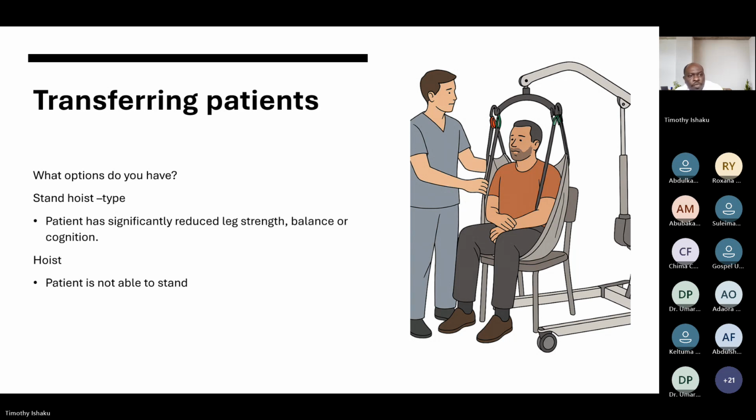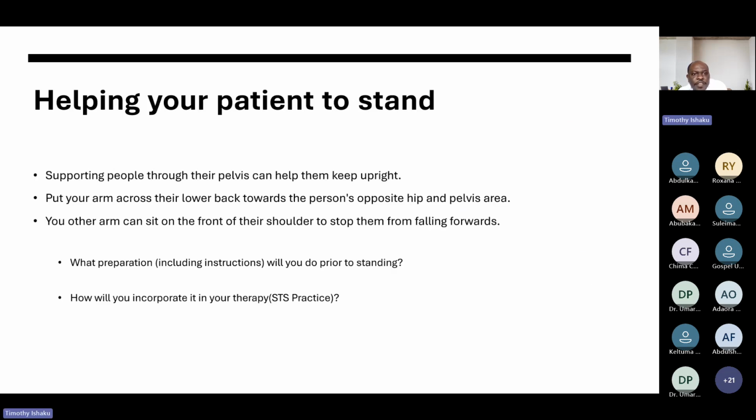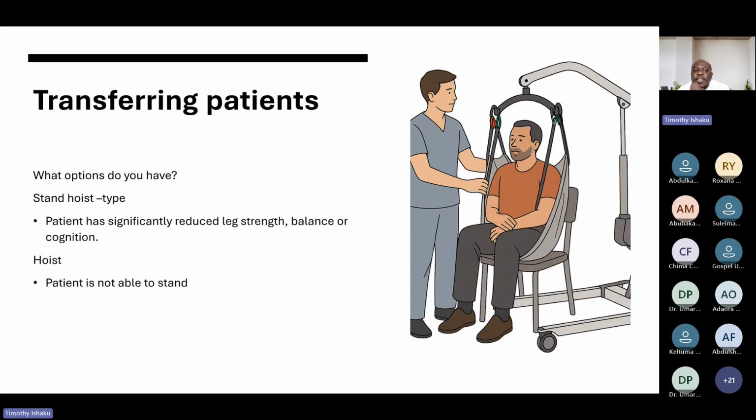Now, apart from the standing hoist, there is also the ceiling hoist, whereby you fix it on the wall or on the ceiling, and then it's fixed. It is usually meant for patients' homes or a rigid location, but mostly in our practice, most of us might come across the mobile hoist.